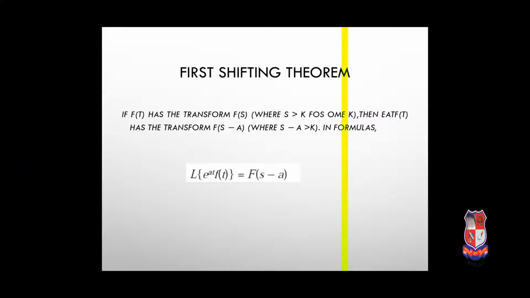Next is the first shifting theorem. If f of t has the Laplace transform F of s, where s is greater than k for some k, then e raised to at f of t has the transform F of s minus a, where s minus a is greater than k.